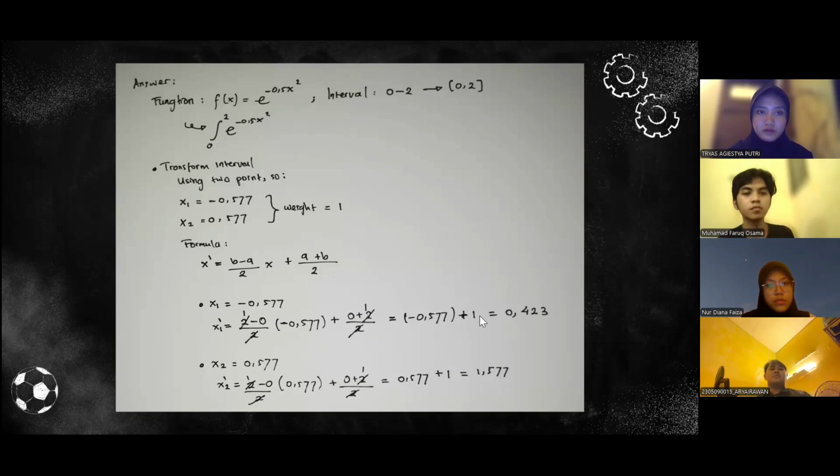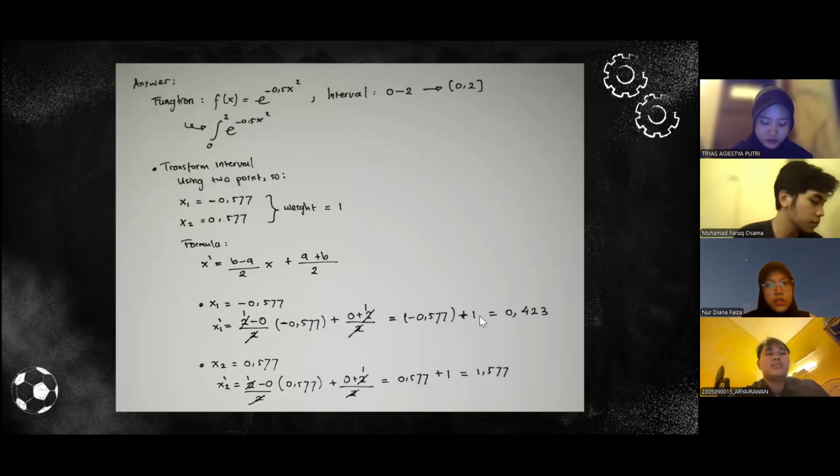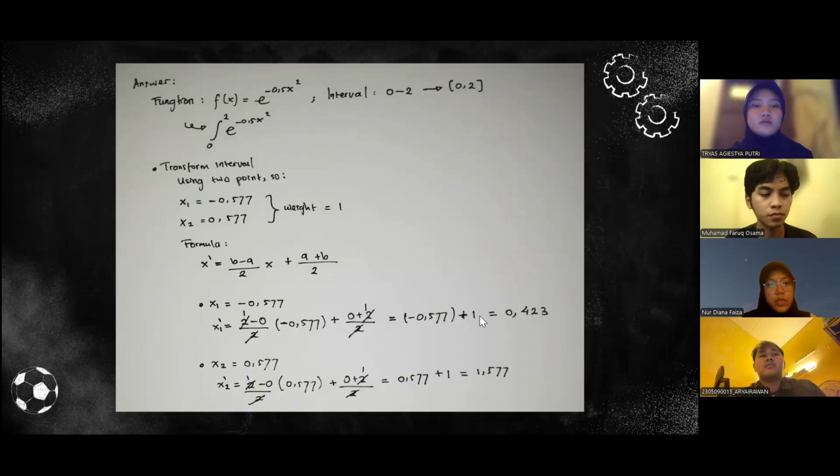So we're going to change the function to be a Gauss quadrature function. When we use Gauss quadrature 2 point, x1 is minus 0.577 and x2 is 0.577 with weight 1.